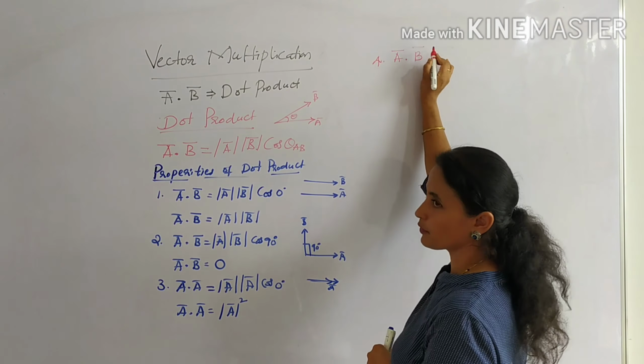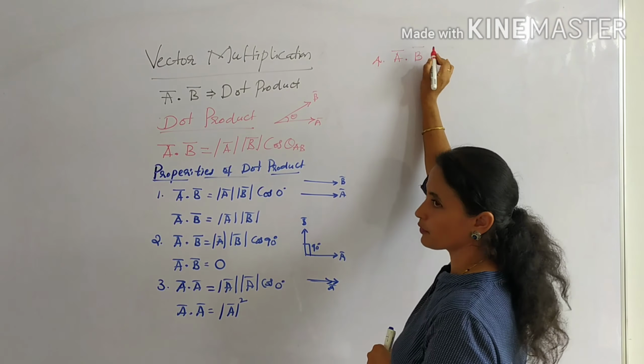So we can rewrite it as the magnitude of A bar times the magnitude of B bar times cos theta AB, which is the same as the magnitude of B bar times the magnitude of A bar times cos theta AB. Both sides of the equation carry the same value, so the dot product of vectors obeys the commutative law of multiplication.